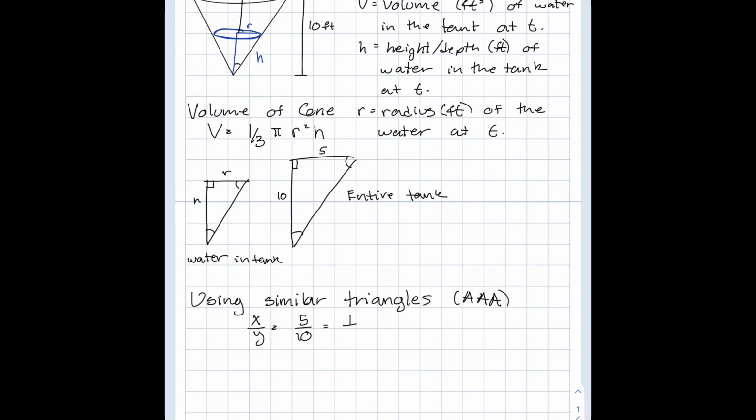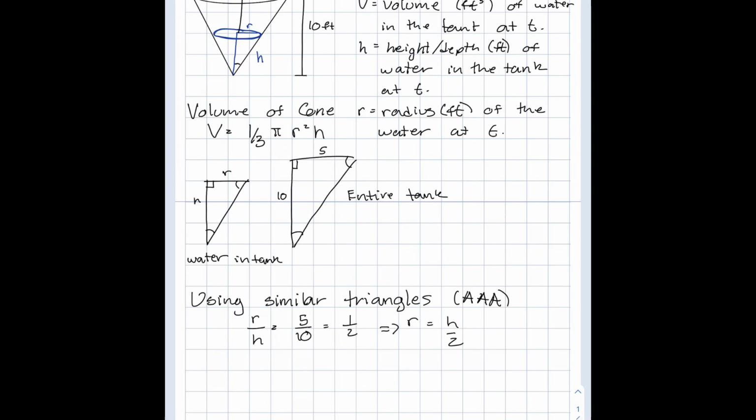If I simplify 5/10, that's 1/2. Then I multiply each side by y, so I get that x equals y over 2. By x and y, I mean r and h, because those are the variables. Sorry about that.